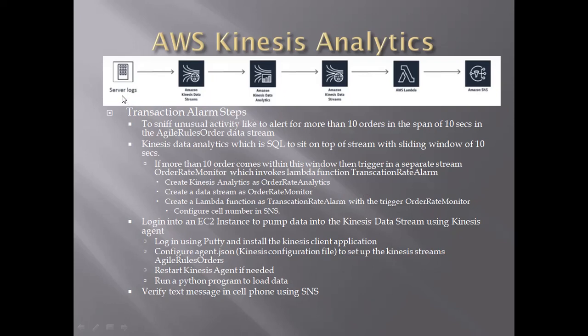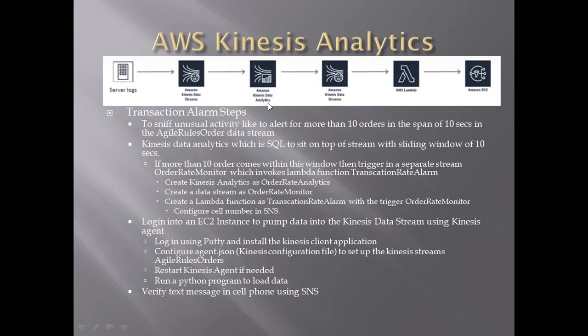If you see the diagram at the top, the server logs, in our case the order logs, first go into Kinesis, the first data stream, that is the order logs data stream, which we created in the last video. Now the data is going to be queried by the analytics team.